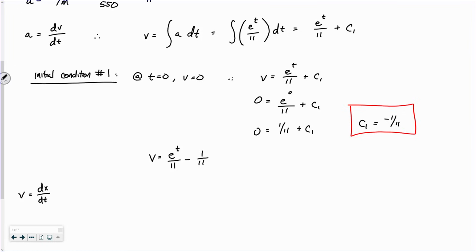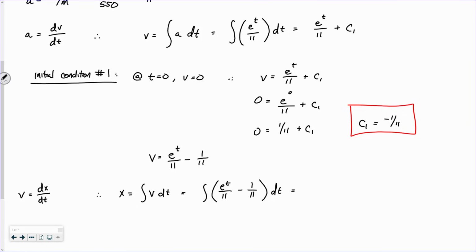If I want to determine position, I would say position is the integral of v dt, right? So it's the integral of e to the t over 11 minus 1 over 11 dt, right? Everybody okay with that?